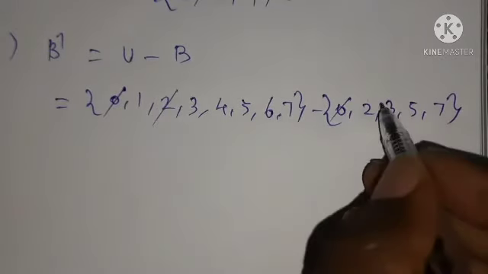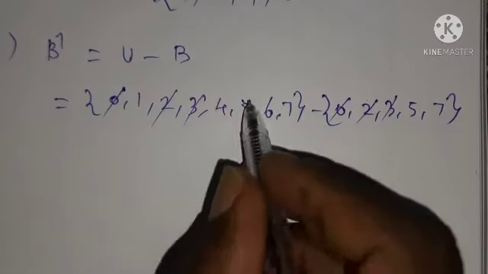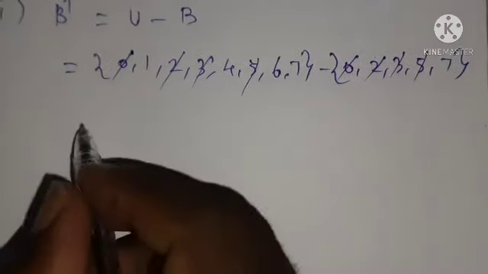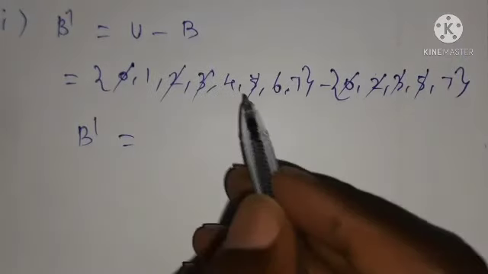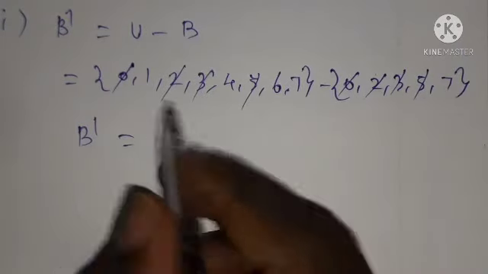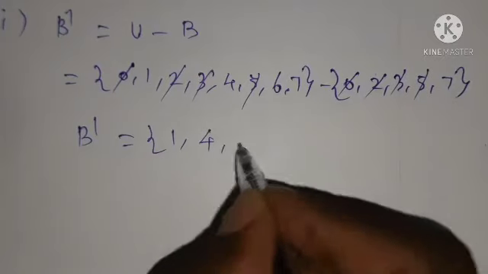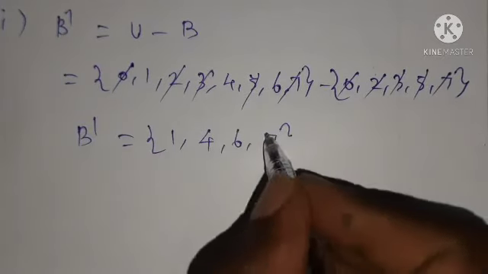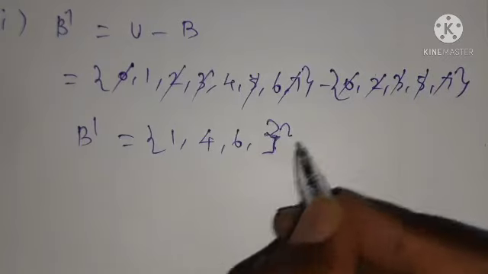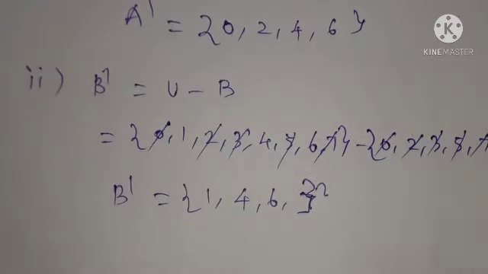Then 2 is common, 3 is common, strike out. 5 is common, strike out. So B dash equal to universal set minus B, the elements of the universal set not in B. Remaining elements of universal set 1, 4, 6, 7 already common, cut the sets. So B dash equal to 1, 4, 6.